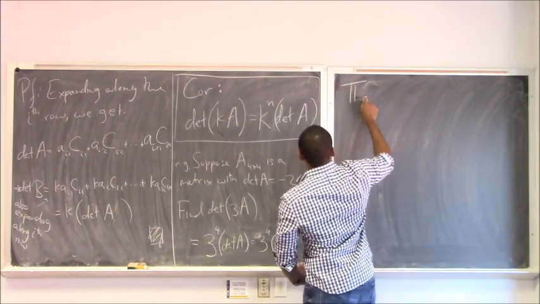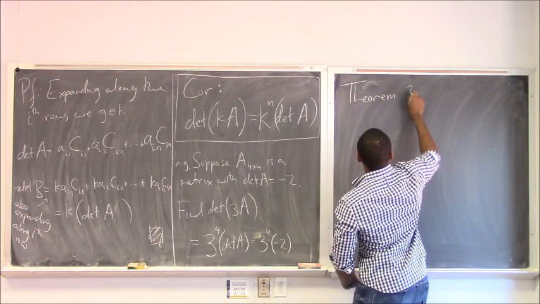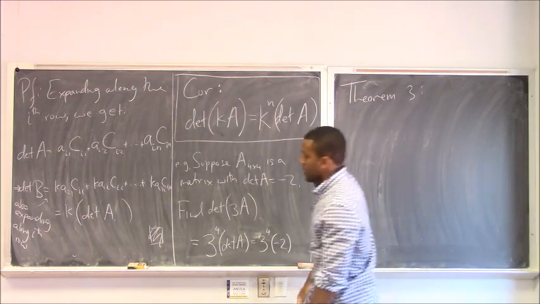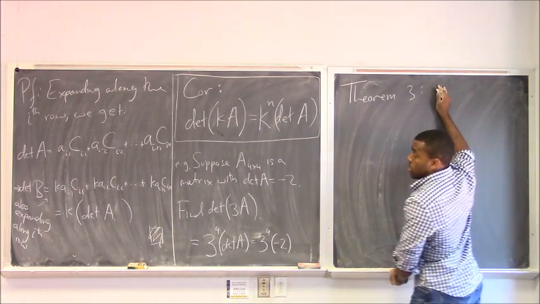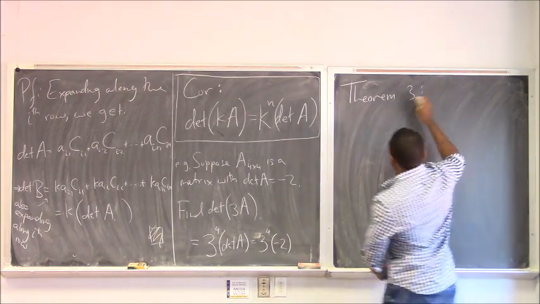Here's a third theorem, about how a type 1 operation affects it.